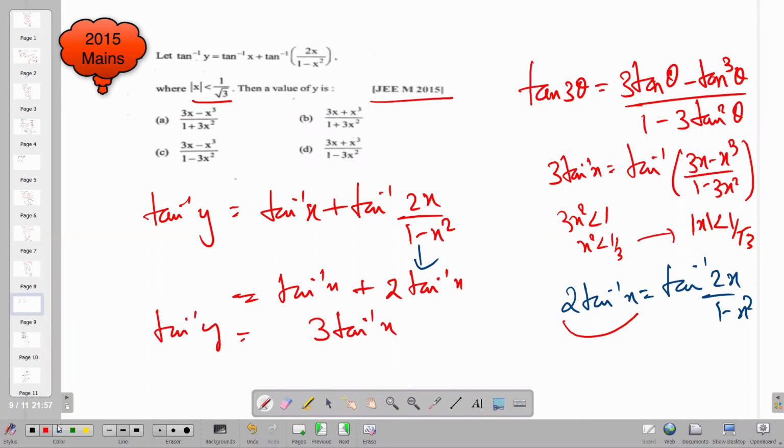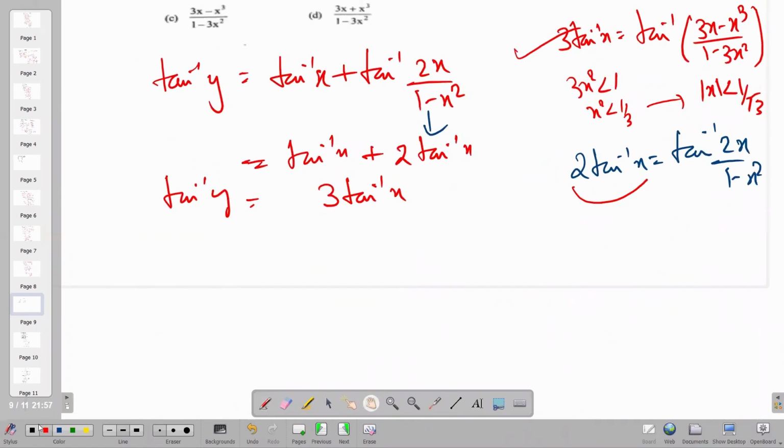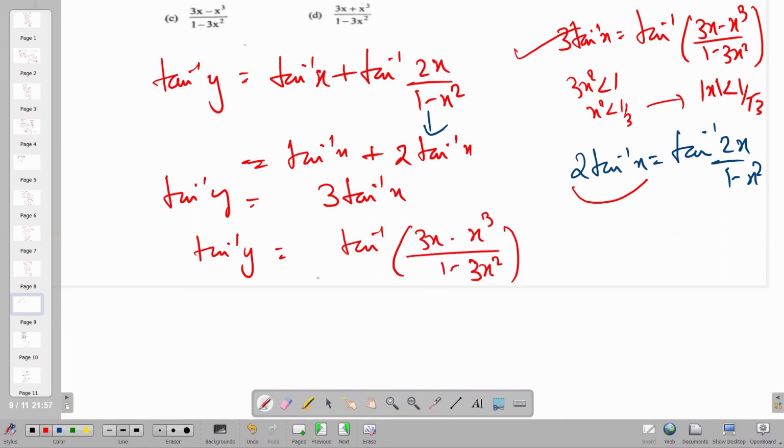And using my identity, I can replace this by tan inverse of y is equal to tan inverse of 3x minus x cube upon 1 minus 3x square.